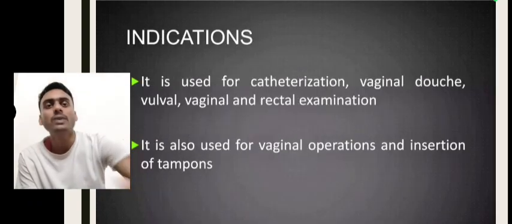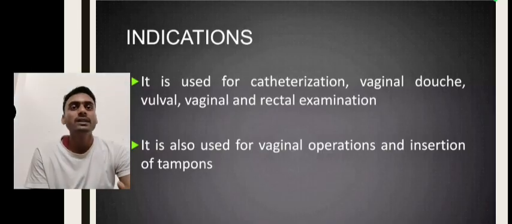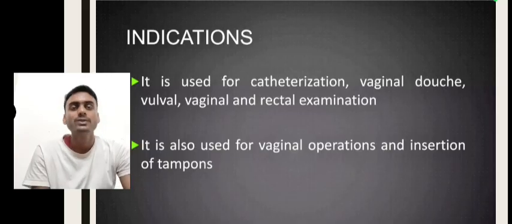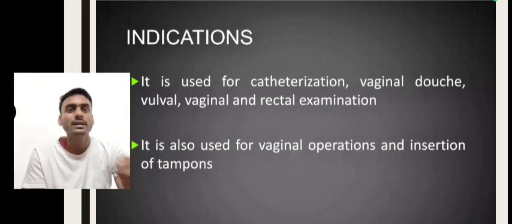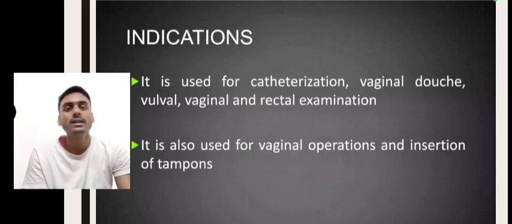Okay, so now what are the indications? It is used for catheterization, vaginal douche, or vaginal or rectal examination. Catheterization is a new word for you. When you go to a clinic, then you will easily understand, like a patient having catheterization, like a Foley's catheter.